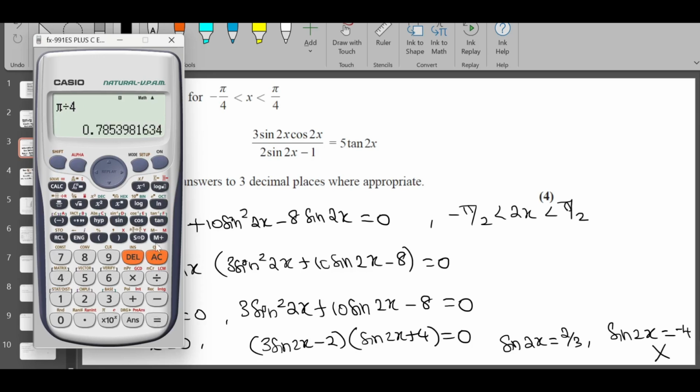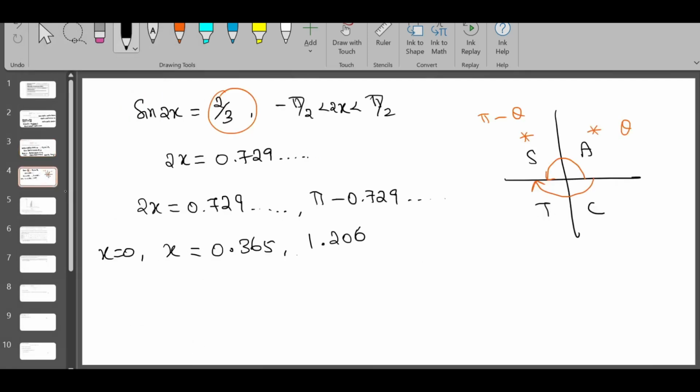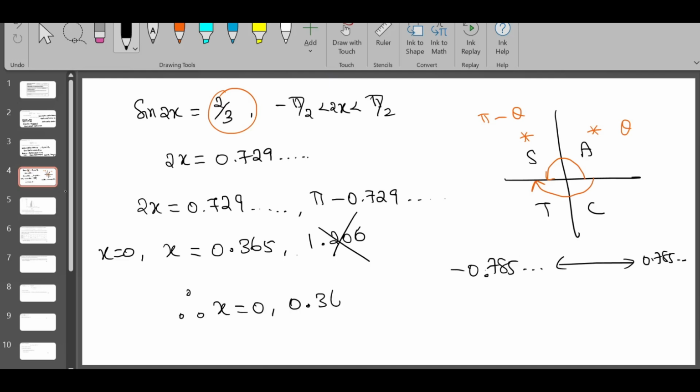The value of this is 0.785, so minus 0.785 to positive 0.785. Our solutions should be within this range. This is outside the range, ignore it. So you write therefore x is equal to 0, 0.365 radians. That's all. Only 2 solutions.